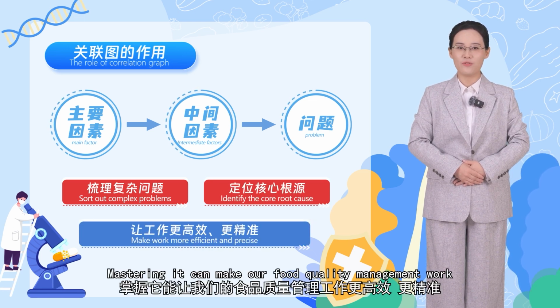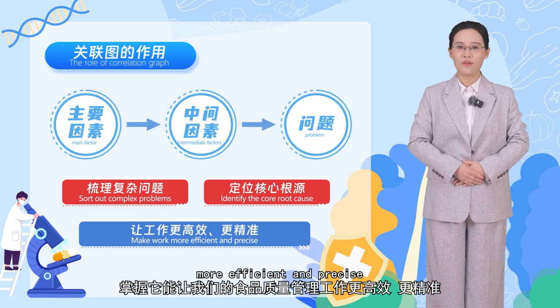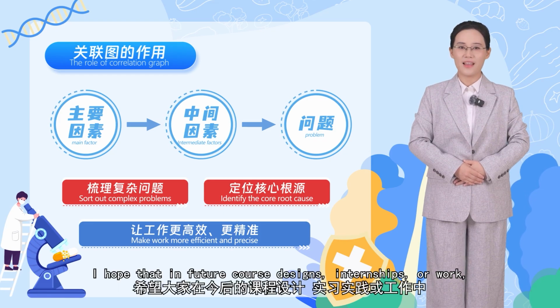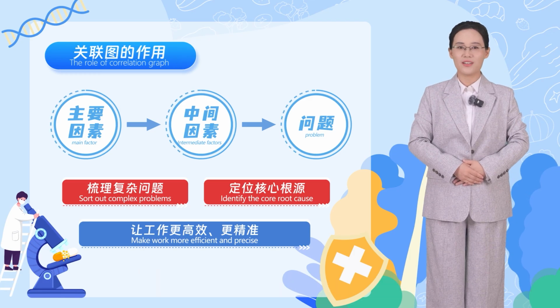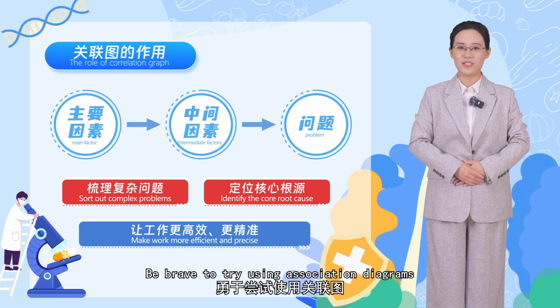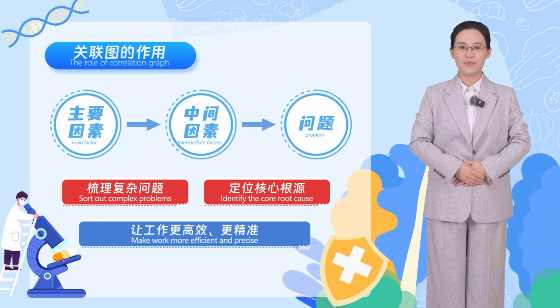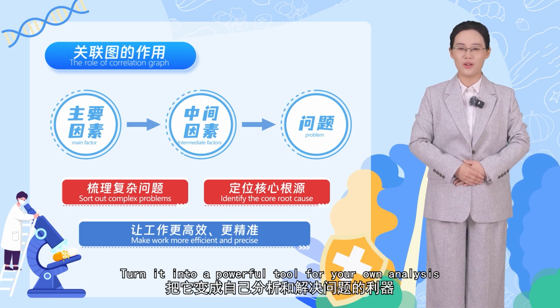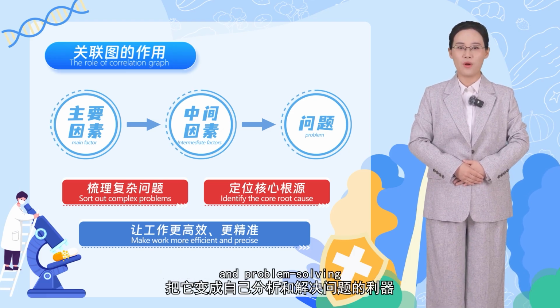Mastering it can make our food quality management work more efficient and precise. I hope that in future course designs, internships, or work, you will be brave to try using association diagrams. Turn it into a powerful tool for your own analysis and problem solving.